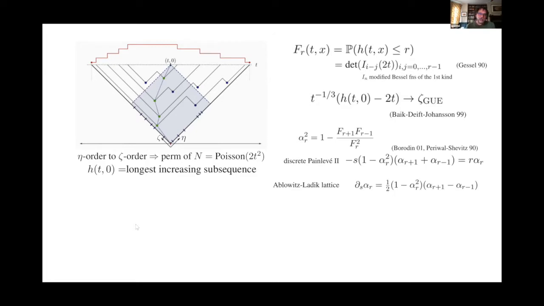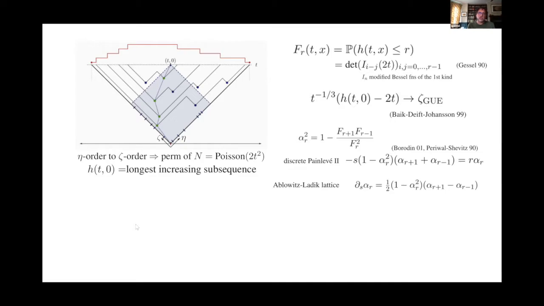That's because if you have a bunch of points in a box, which I just drew here sideways, that little bunch of points determines a permutation by looking at how the points are ordered in this eta direction and how that transforms into the order in the zeta direction.